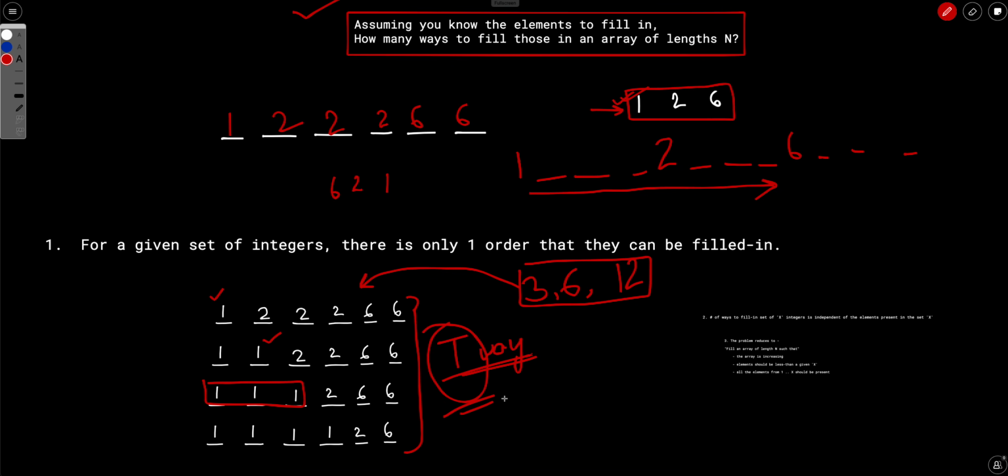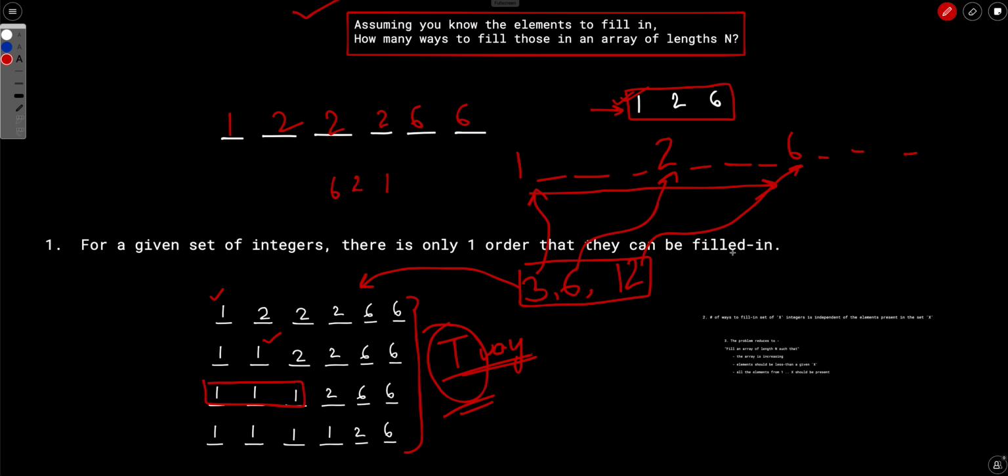Because you are able to fill 1, 2 and 6 in increasing order, and there is only one way. You will put all the 1's first, then all the 2's, and then 6. So similarly for 3, 6 and 12, you can just assume that 3 is equivalent to 1, 6 is equivalent to 2, and 12 is equivalent to 6.